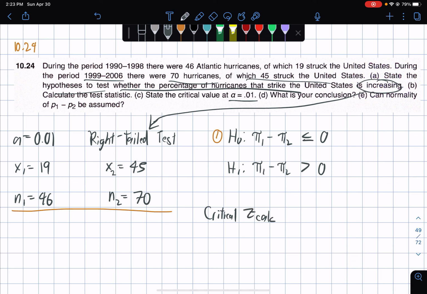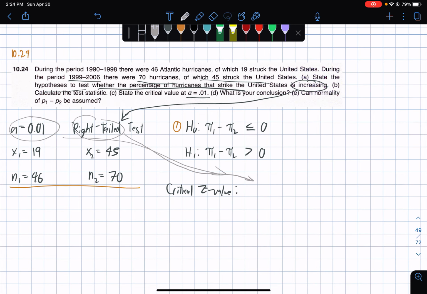This is all about proportion, so we're gonna use the Z table all the time. So it's 0.01, and the fact that it's a right-tailed test, what is the critical Z value?